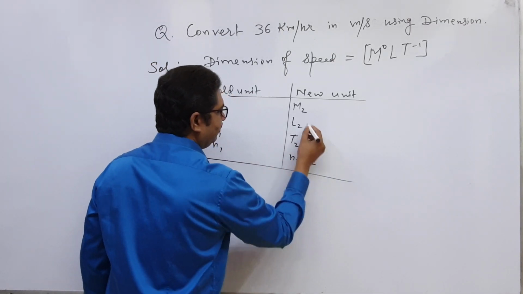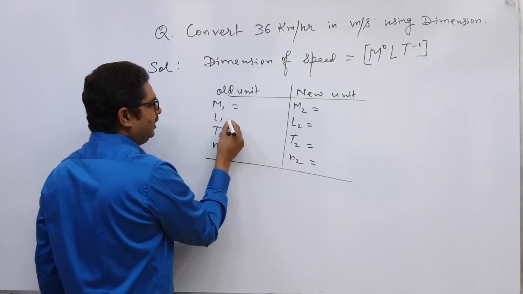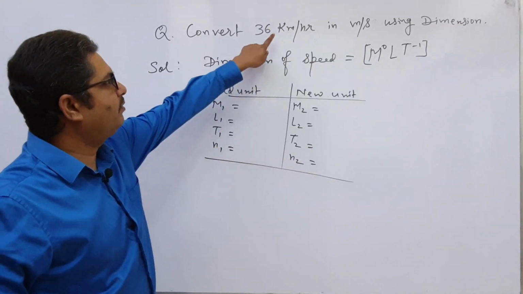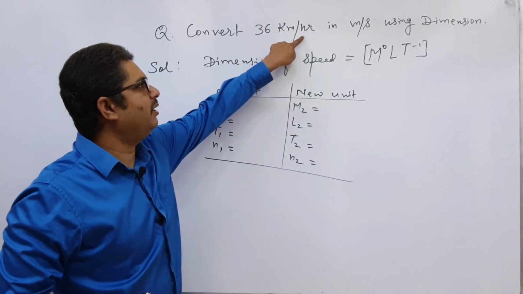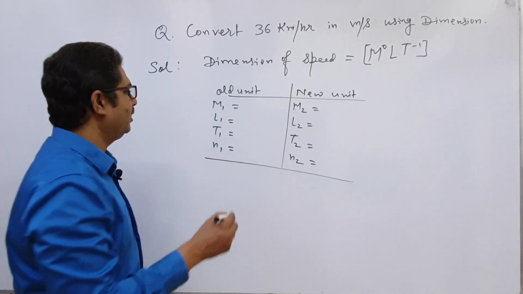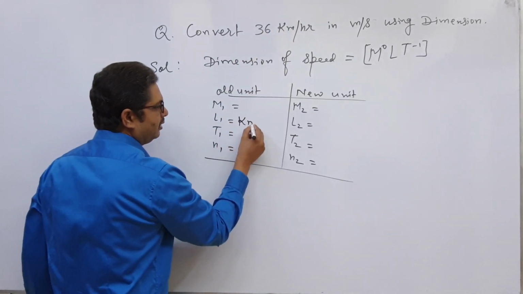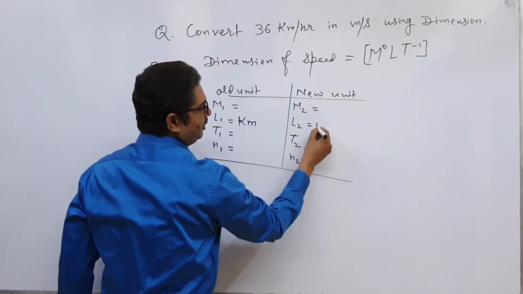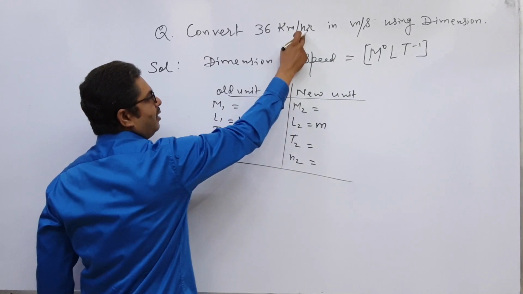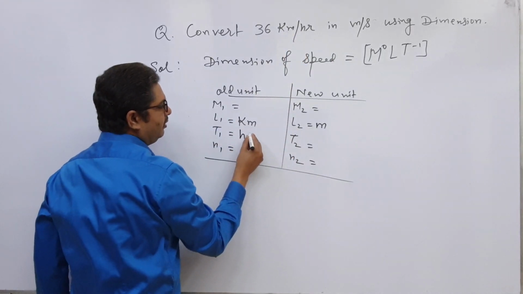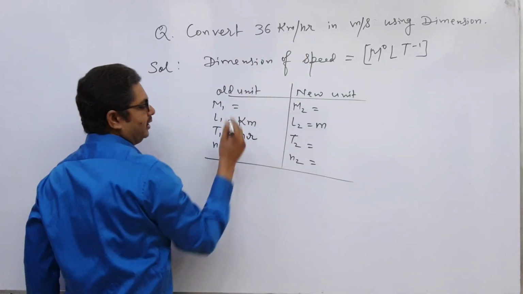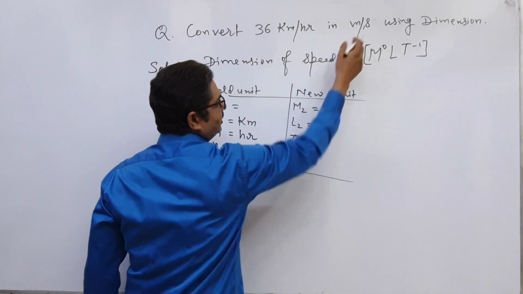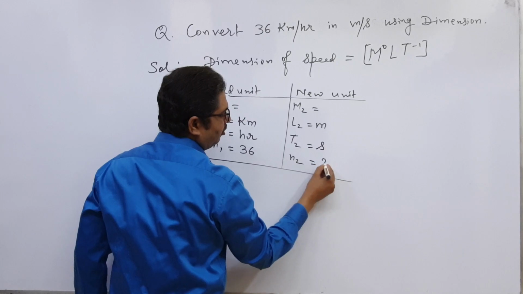Give an equal sign, and after that you put the appropriate values. So here you have 36 kilometer per hour. This means that length is in kilometer. So write here kilometer, and on that side meter. So length is in meter, and time is in hour. So write here hour, and N1 is 36. Write here 36, and on this side meter per second, so write here second, and you don't know N2.